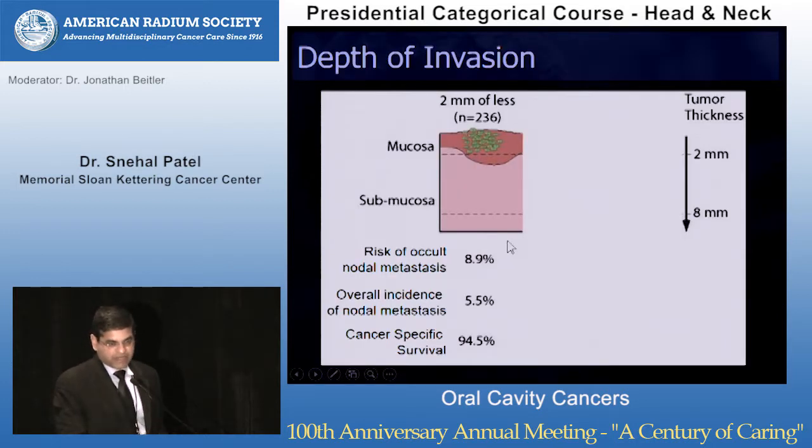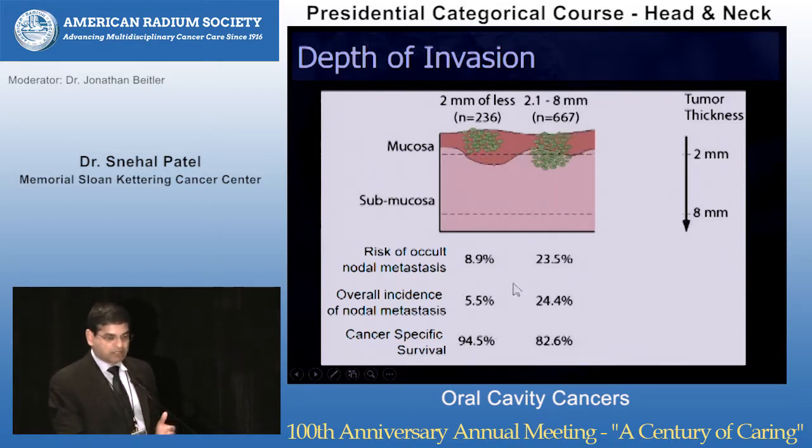We know from past experience that if a patient presents with a superficial tumor, 2 millimeters or less, that patient is at less risk for nodal metastasis, and they will have a very good outcome in terms of survival.